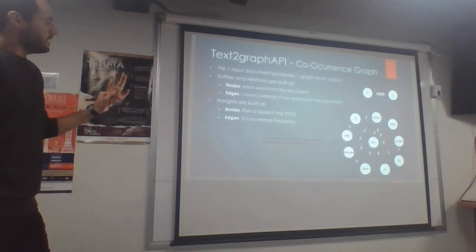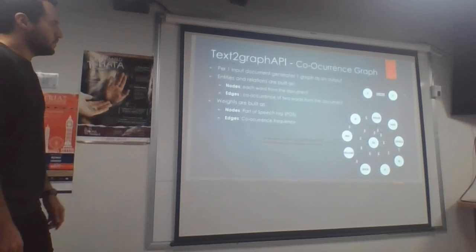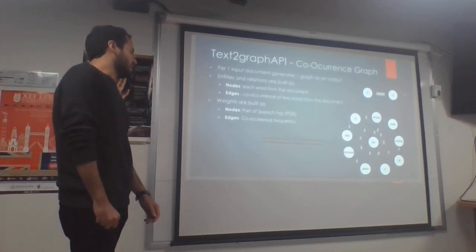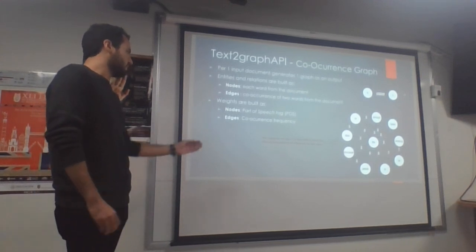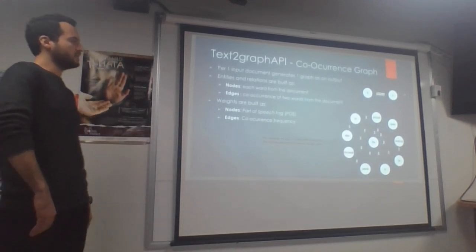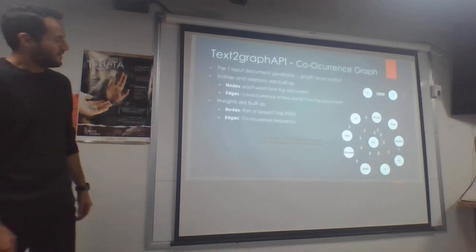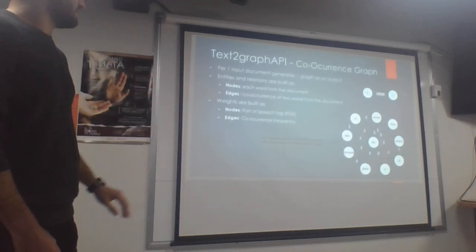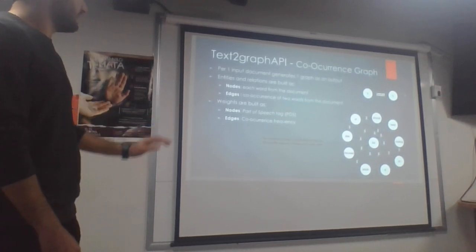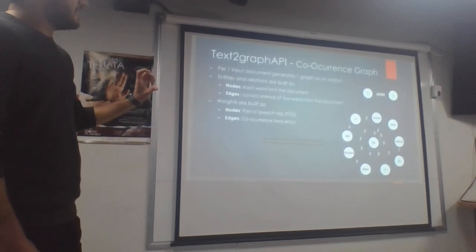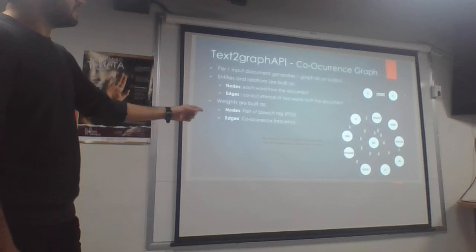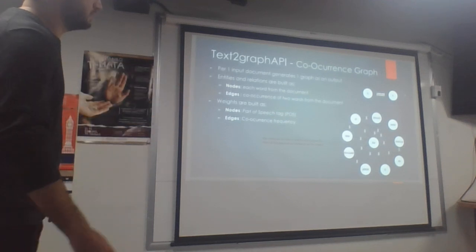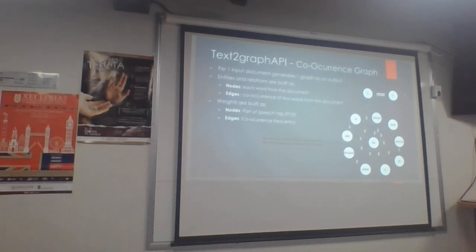For example, we can assign the part of speech to the node, and for the edges, the frequency of the co-occurrence. So this is a brief example for a short text: "The violence on the TV article discussed the idea of the amount of violence on the news." And the graph representation of this short text is that. The next one, please.